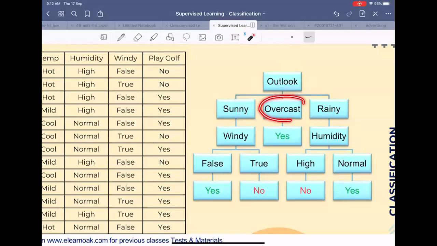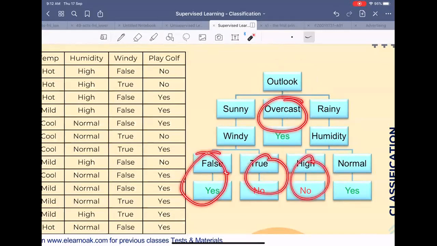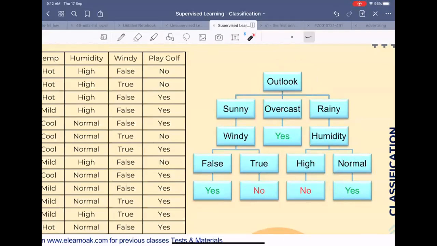We can see that this is a leaf node because at this point, the node ends at yes. There are no more continuations. So we have an example of a decision node and an example of a leaf node. At the end here, 1, 2, 3, 4, 5, we have 5 leaf nodes and we've got decision nodes in between.